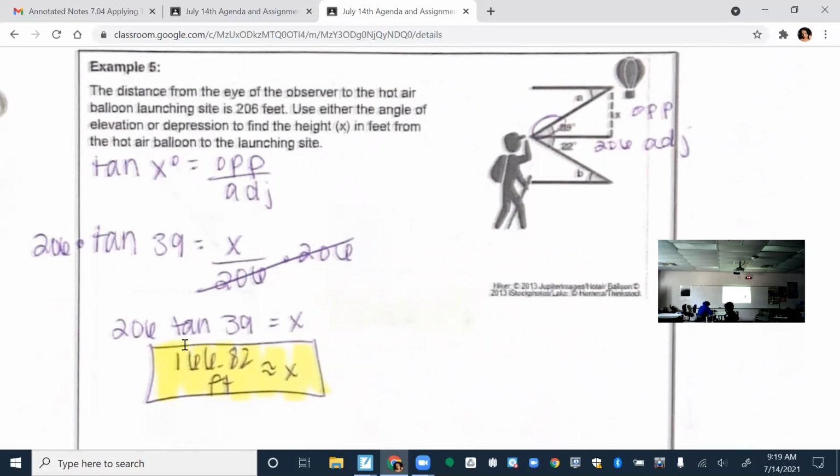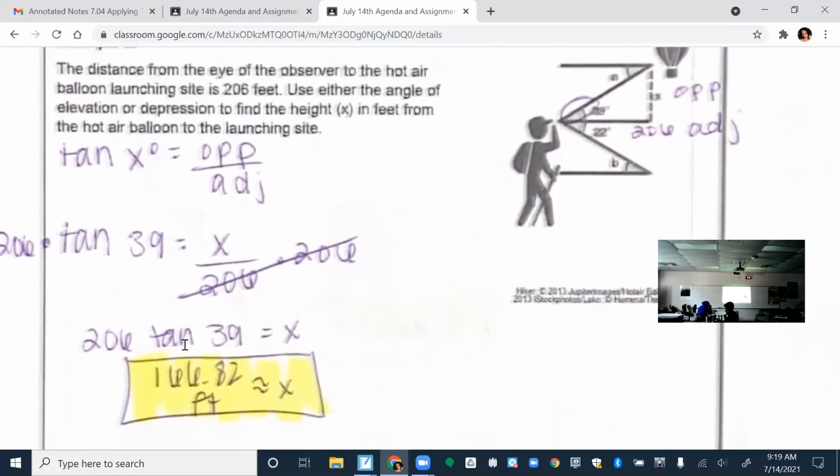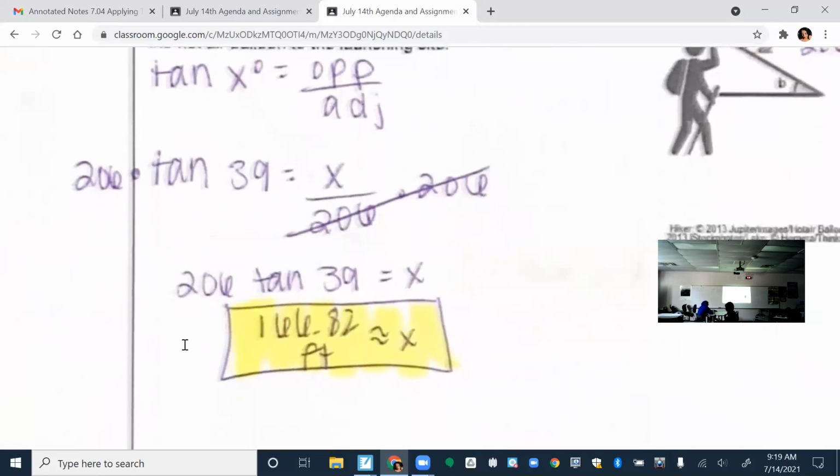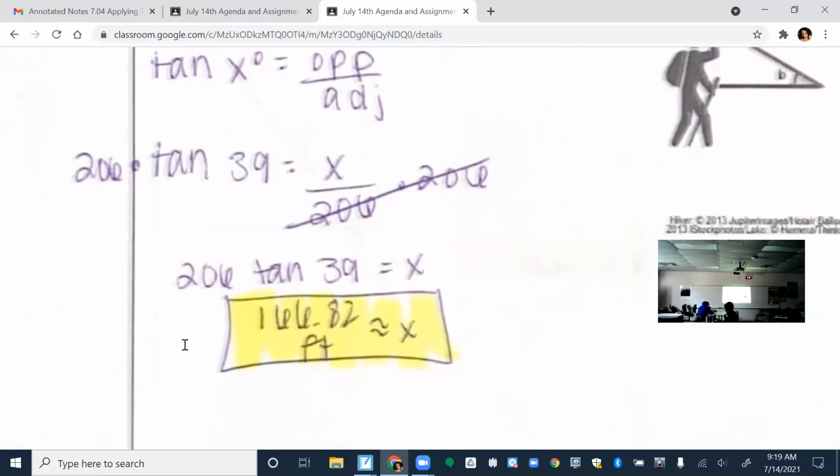What you should have entered in your calculator was 206 times tangent of 39, which makes the height, so your final answer, about 166.82 feet.